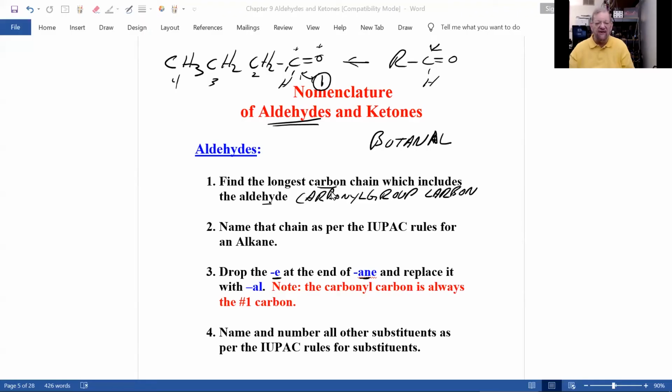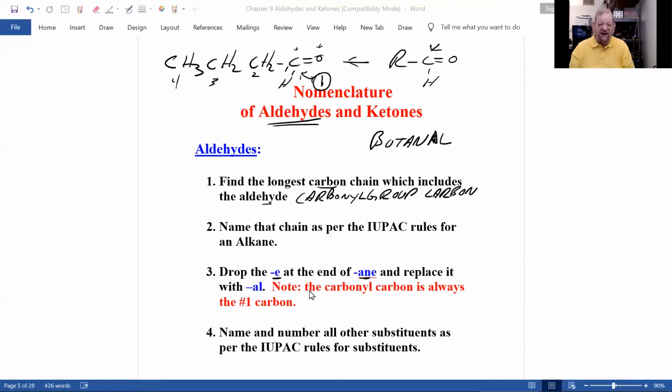All right, we're talking about how do you name aldehydes. You find the longest carbon chain that includes the aldehyde, otherwise known as the carbonyl carbon or carbonyl group carbon. Name that as an alkane, which you know how to do. Drop the E at the end of the alkane, ANE ending, and replace it with an AL.